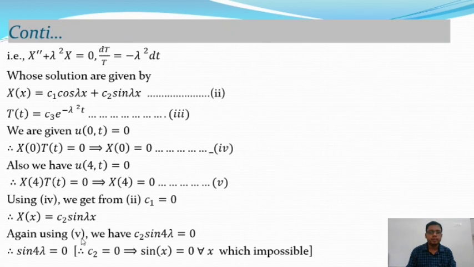Again using 5, where x = 4, we get c2 sin(4λ) = 0. Since c2 is the constant term, this implies sin(4λ) = 0.